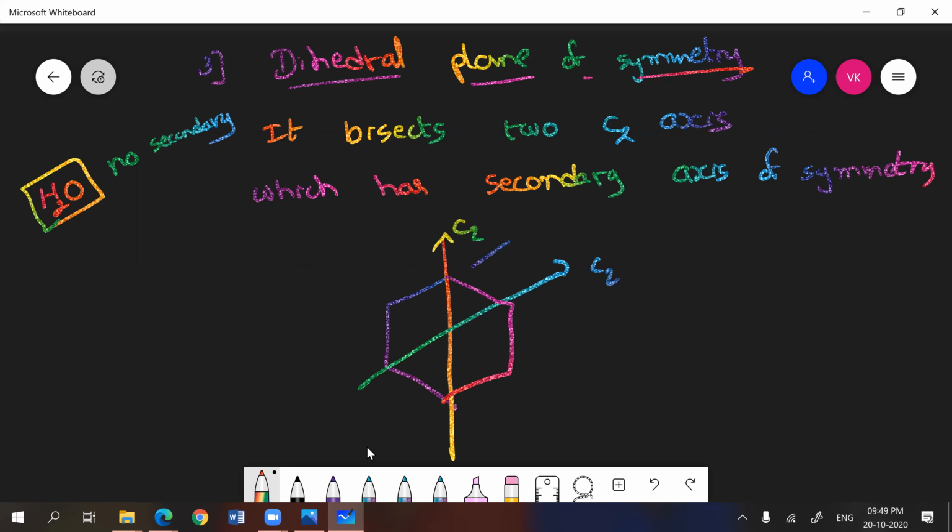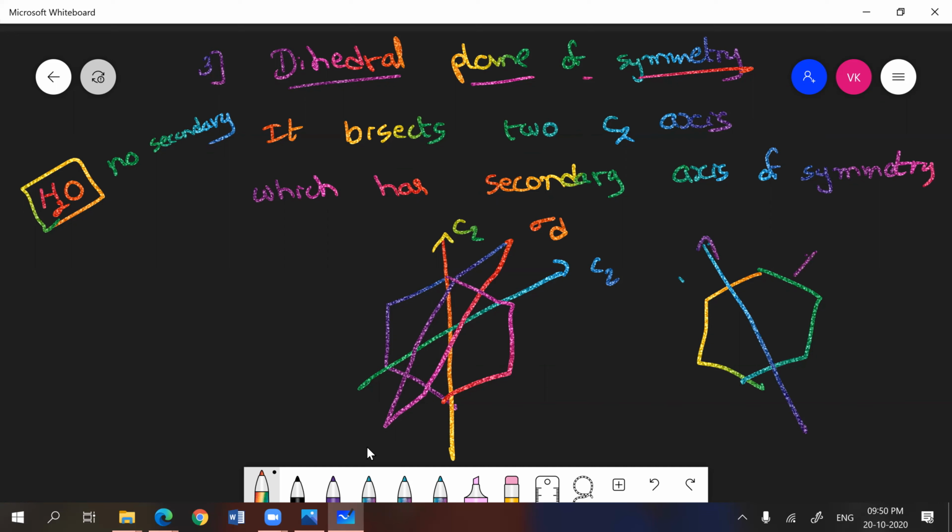If I draw a plane which bisects the angle between the C2 axes, then it is said to be sigma dihedral. Like that, you can write 6 sigma dihedral planes for this. This is another C2 axis.